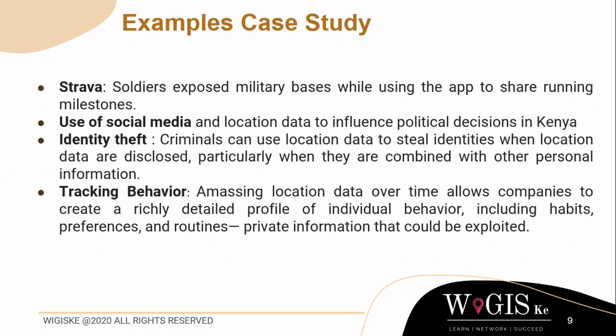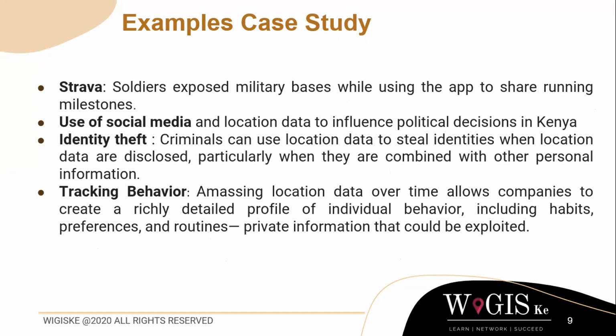So here I have some examples of use of location data. I don't know if you know this. A while back, Strava was in trouble because of the use of the application by different soldiers who were in different military bases.